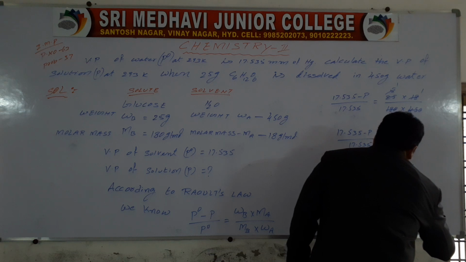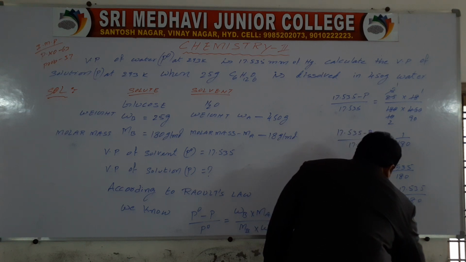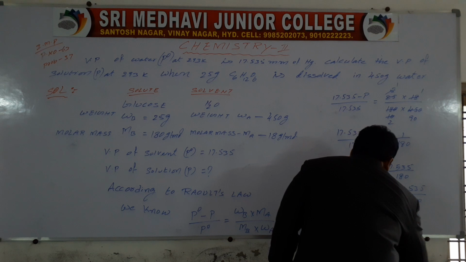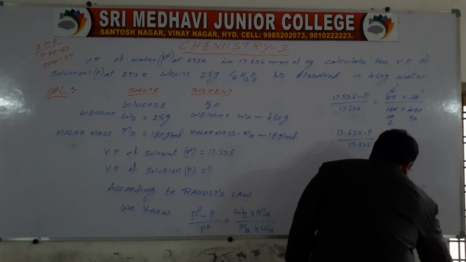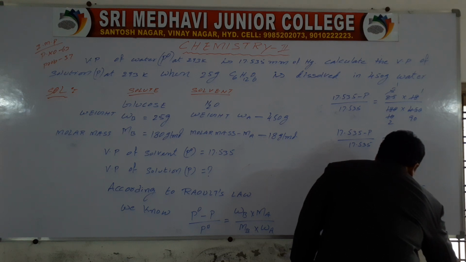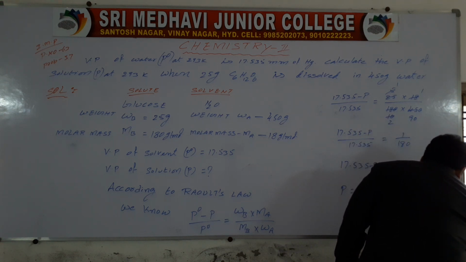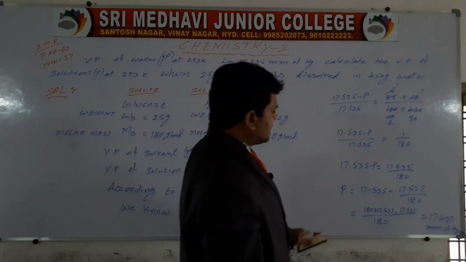Then P equals 17.535 minus 17.535 by 180. Taking 180 as the LCM, this is 180 into 17.535 minus 17.535, over 180, which equals 17.437 mm of Hg.